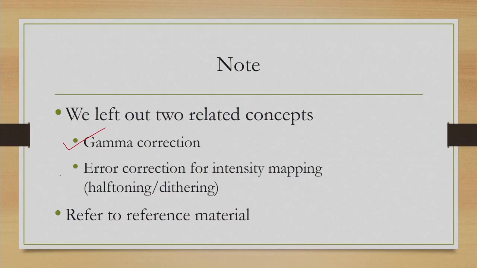One is gamma correction, the other is error correction for intensity mapping through half toning or dithering methods. However, we will not go into the details of these methods. The basic idea is that using these methods we can reduce the effect that arises due to the introduction of mapping errors, the difference between the computed intensity and the intensity that we represent and store in the frame buffer. If you are interested, you may refer to the material that will be mentioned at the end of this lecture.